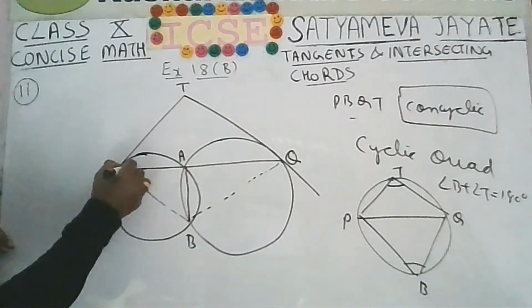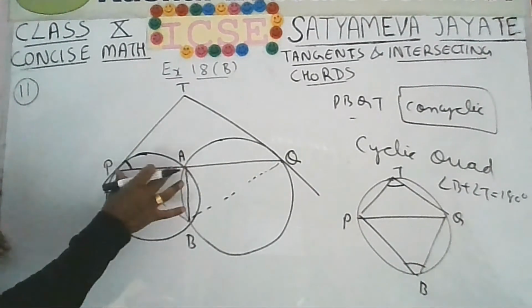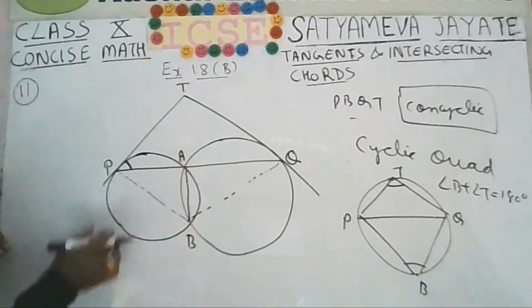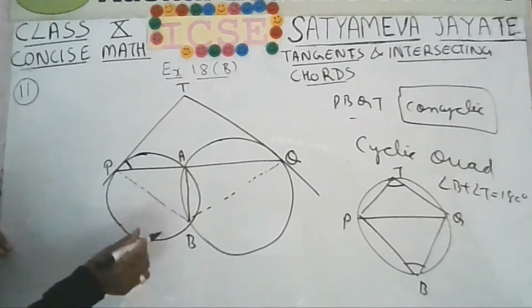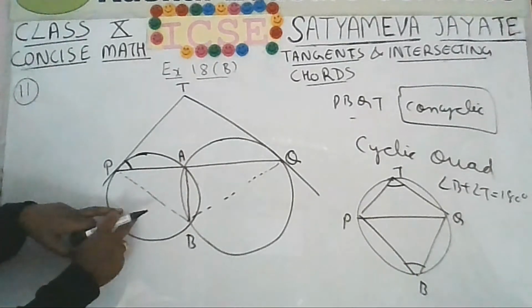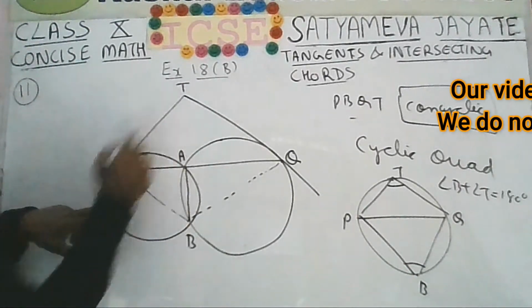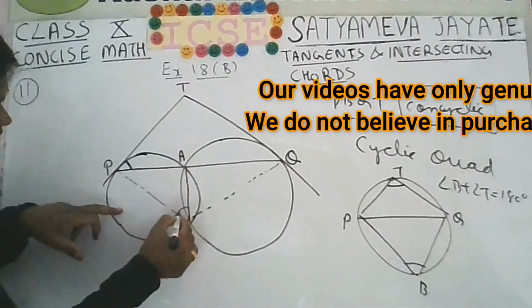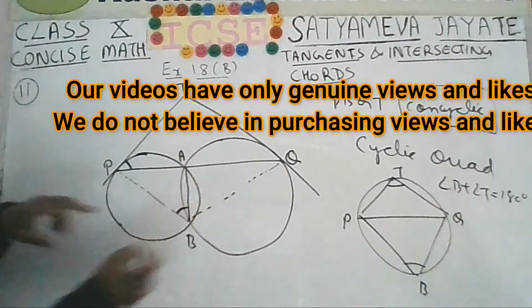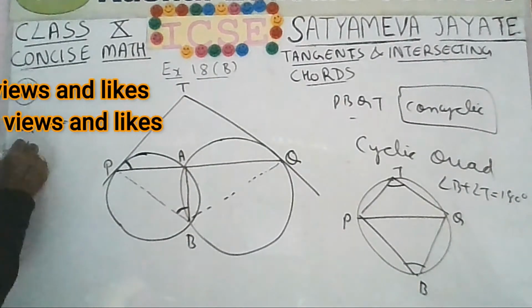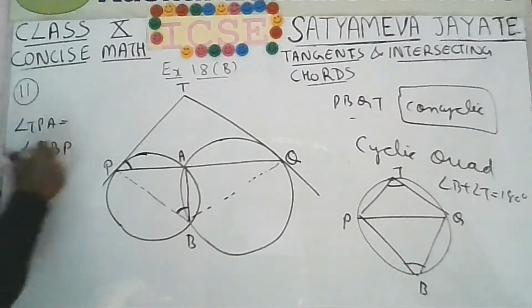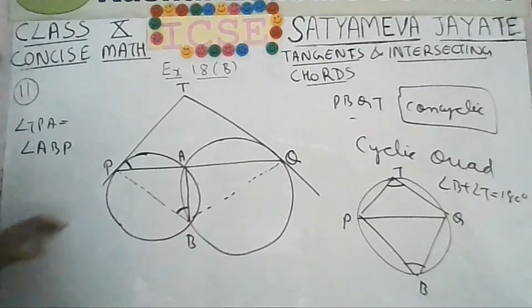Now if you look here, PT is the tangent and AP is the chord, then this angle will be equal to the angle subtended by PA on the alternate segment. So if you look at this smaller circle, you will notice that angle TPA will be equal to this angle, isn't it? Let me write here, angle TPA will be equal to angle ABP. Okay.